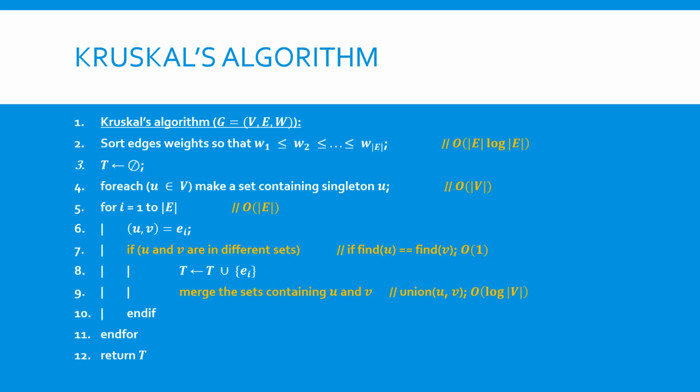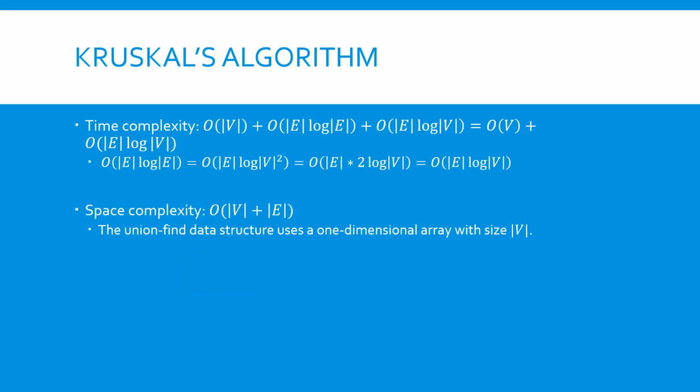Now, we have found time complexities for the key steps in the pseudocode. Since the union and find operations are performed within the for loop, we need to multiply their time complexities with the number of iterations. Taken together, the time complexity of Kruskal's algorithm is O((V + E) log V), where V is the number of nodes and E is the number of edges in the graph.